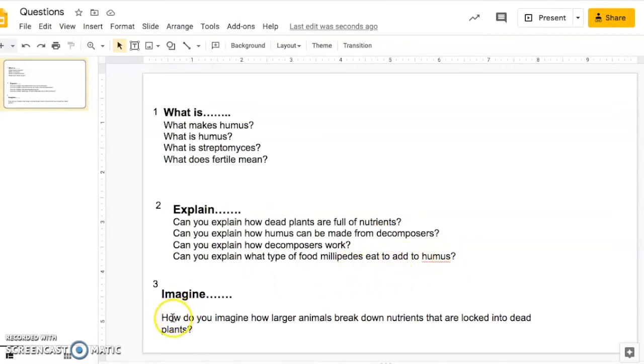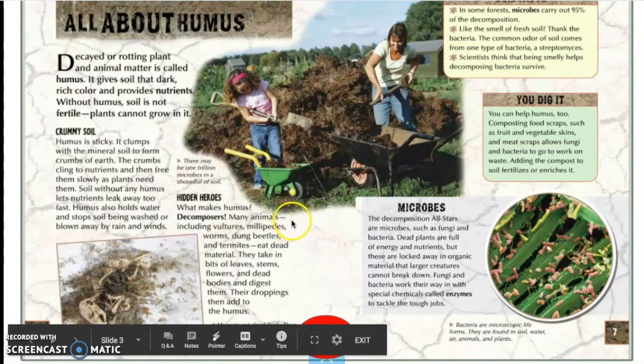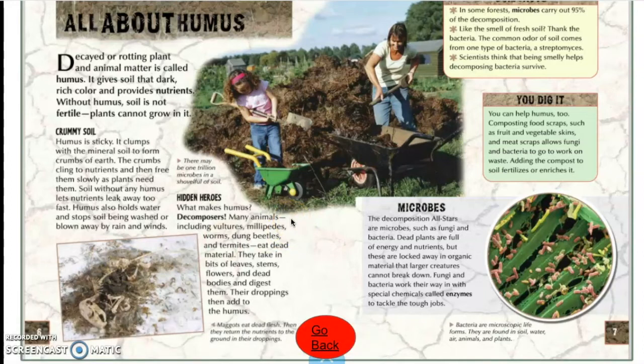And in the third group, how do you imagine how larger animals break down nutrients that are locked into dead plants? So we're going to answer these questions with details from the text. So we're going to have to go back in the text to find something that proves or supports our answer.